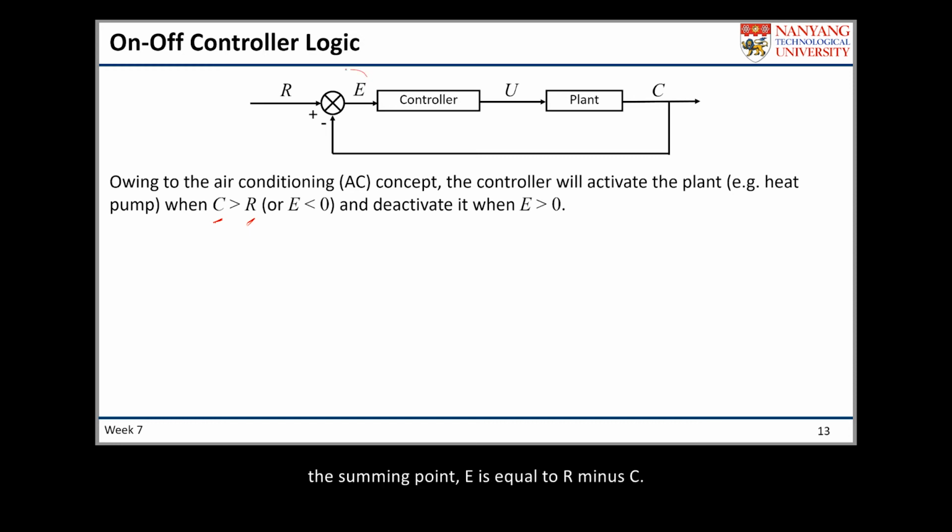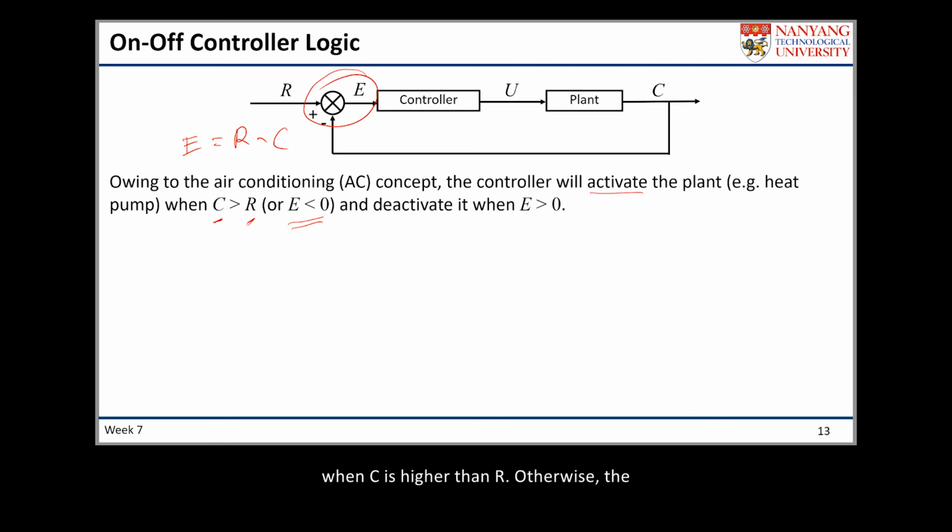If you look at this summing point, E is equal to R minus C. So I can repeat the first logic: the controller will activate the heat pump when the E value is negative. E will be negative when C is higher than R, right?